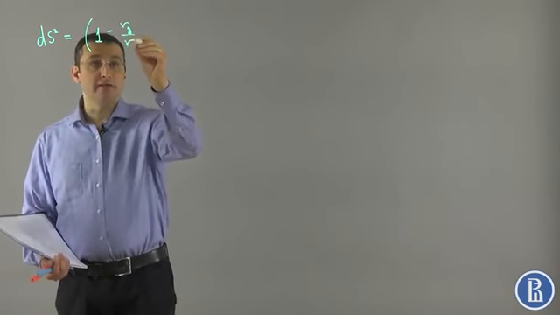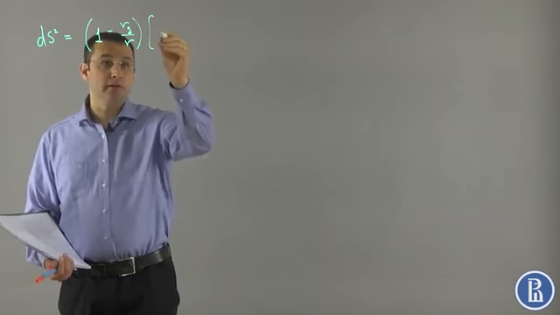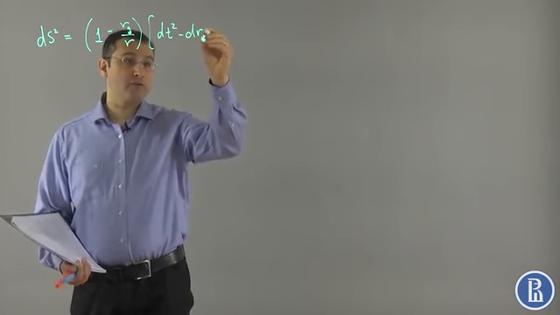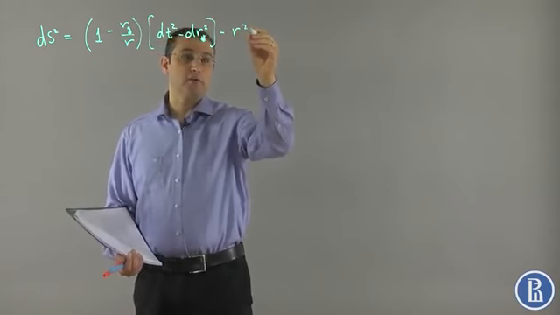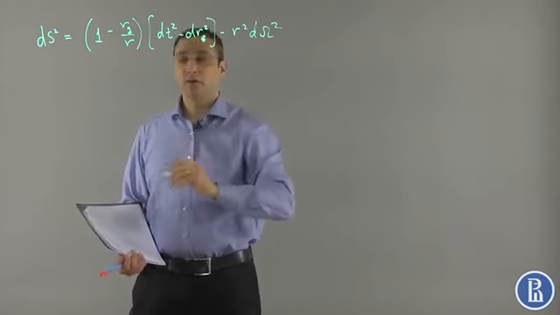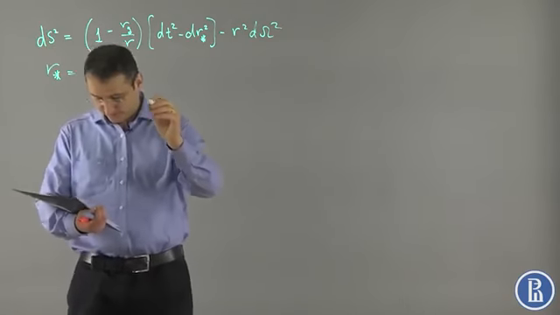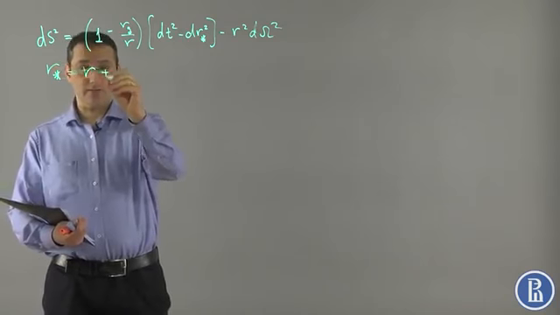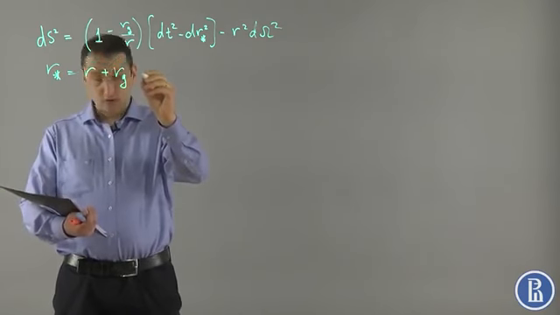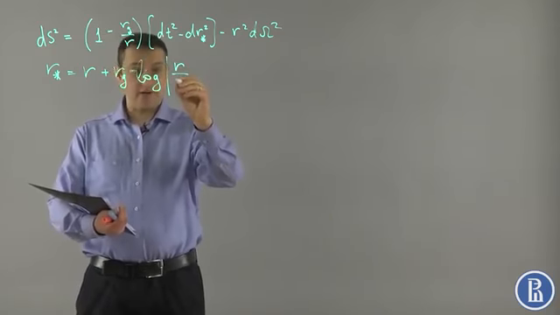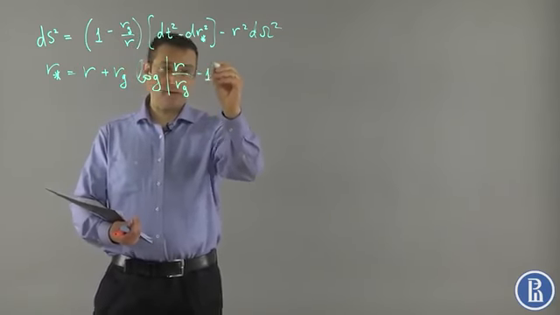We rewrote the Schwarzschild metric as dt squared minus dr star squared minus r squared d omega squared, where r star is the tortoise coordinate, which is equal to r plus rg log of r divided by rg minus 1.